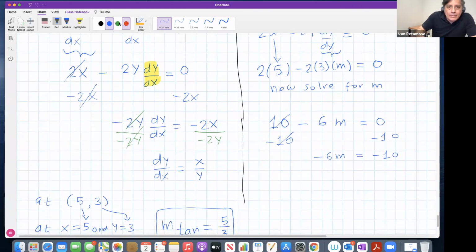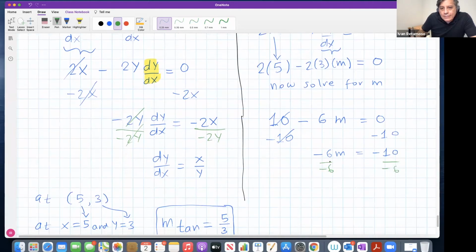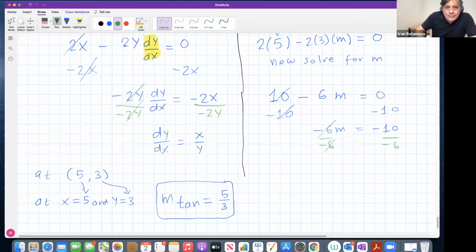Dividing both sides by minus 6, there you will get your final answer. Negative divided by negative is positive, dividing by 2, you get 5/3. Same, as you can see.